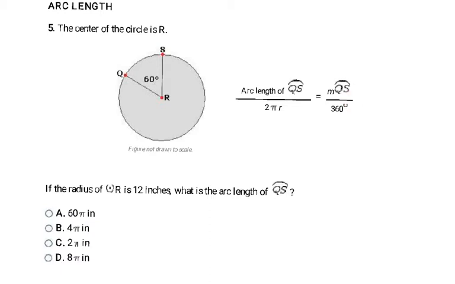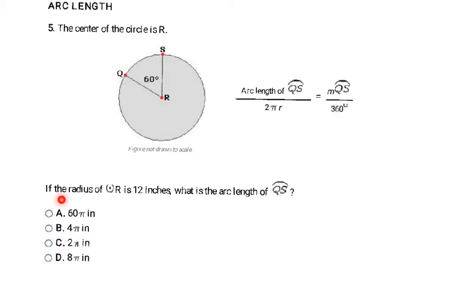Basically, on one side, it's taking the length, and on the other side, it's taking the degrees. So over here, it's the piece of length over the total length, because this is the circumference formula. And on the right, we have the piece of degrees, the arc measure, over 360 degrees, which is the total degrees of a circle.